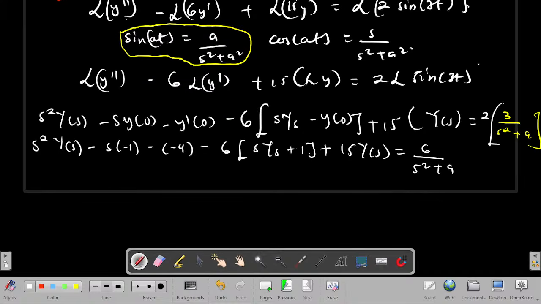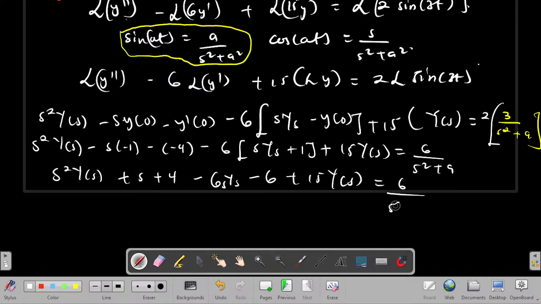So we keep on simplifying, and this gives us s squared Y of s plus s plus 4, minus 6 s Y of s, minus 6, plus 15 Y of s equal to 6 over s squared plus 9.